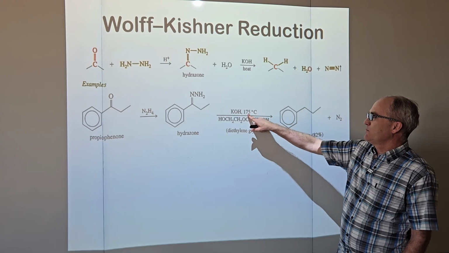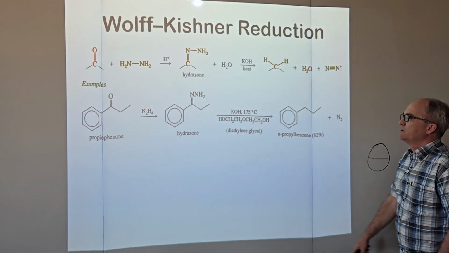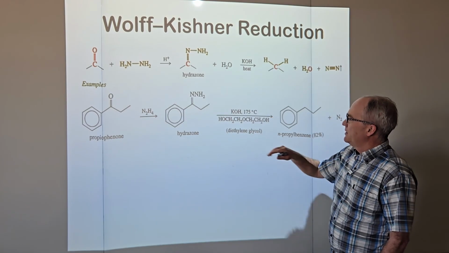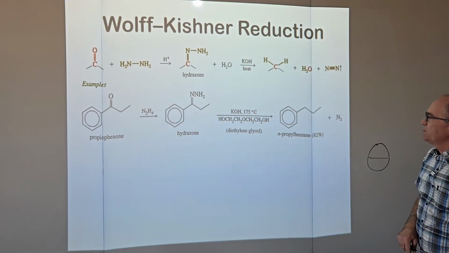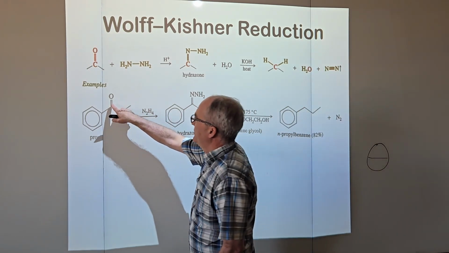But you couldn't use an aqueous solution because look at the temperature, 175 degrees. So this diethylene glycol has a much higher boiling point than that. So you can heat that up to that temperature and we've reduced the carbonyl carbon.